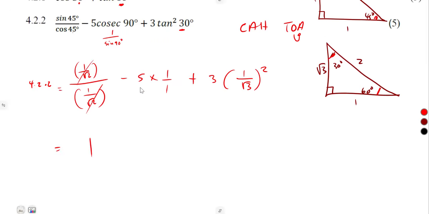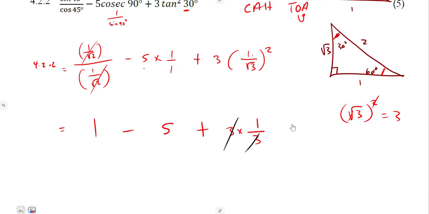That's a 1. Minus 5 times 1, that's minus 5 plus, if we square this one, it was going to be 3 times 1 squared, that's 1 over square root of 3 squared means square root of 3 squared. It neutralizes and gives us a 3. All right, so this can cancel and we have a 1 at the end.